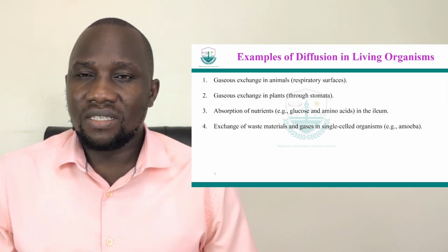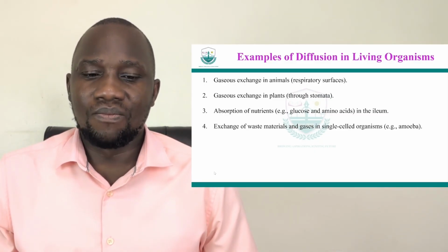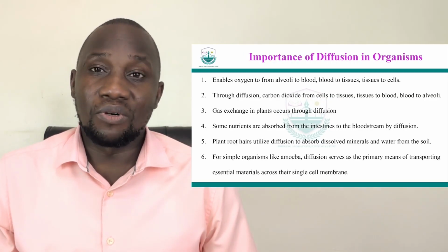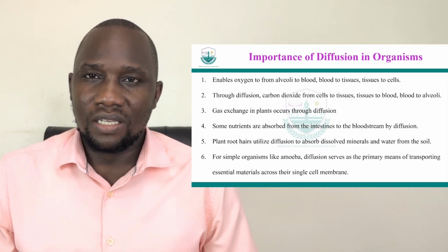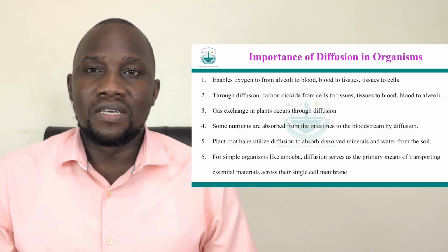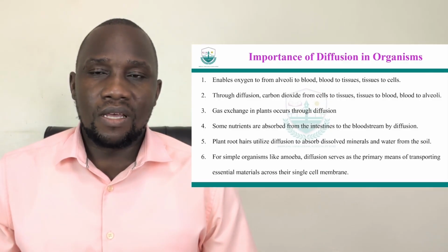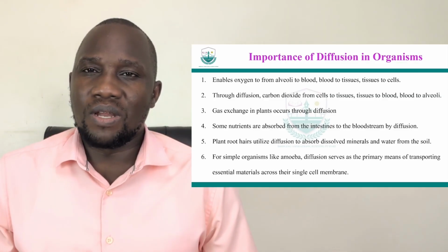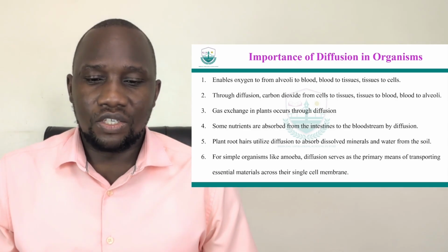Movement of nutrients, movement of waste products, movement of gases. And therefore, we are saying that diffusion is important in enabling organisms to get oxygen. For example, we saw in the gills, the same thing that happens also in mammals. So the oxygen diffuses into the red blood cells, okay, and it is carried to the different tissues.